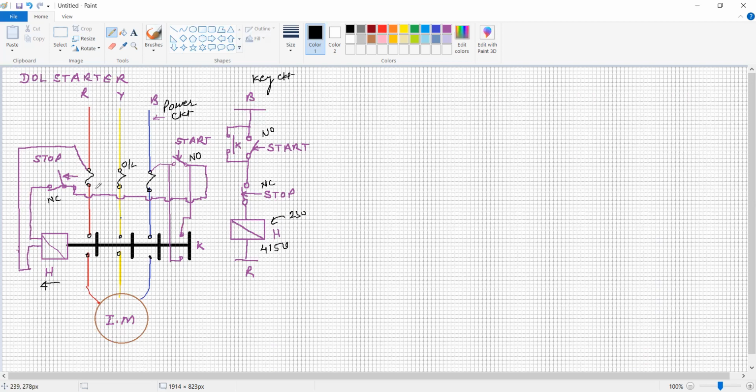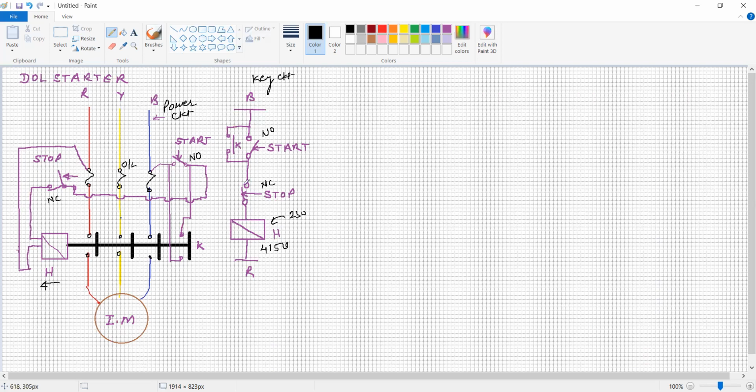The circuit is going to trip and it will protect the motor from single phasing, or disconnection of any one phase. So with such a 400 volt holding coil across two phases, like B phase and R phase, the motor is protected. With any phase out of service, the motor does not start, it does not take more current, and it avoids burning of the motor. Okay, so this is the case.